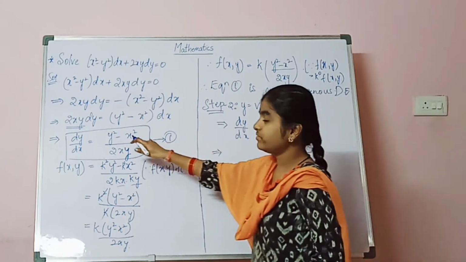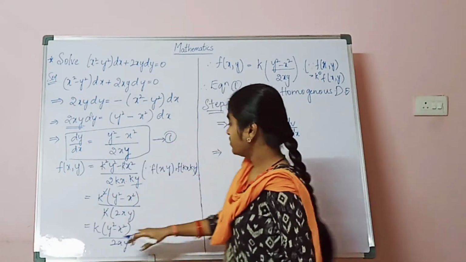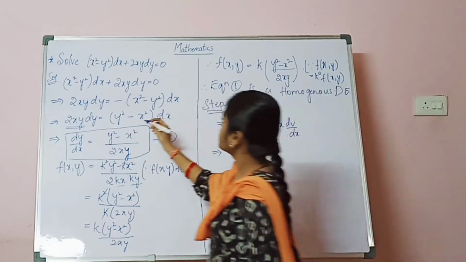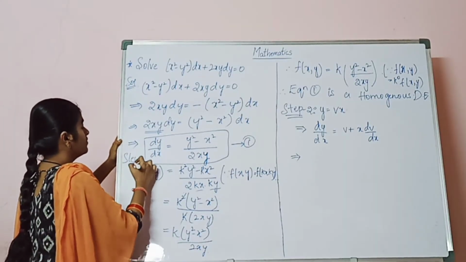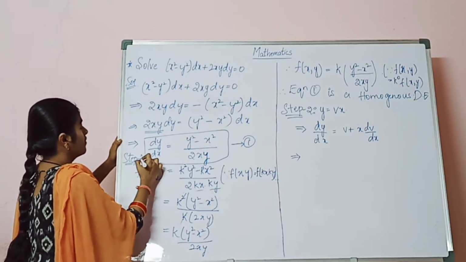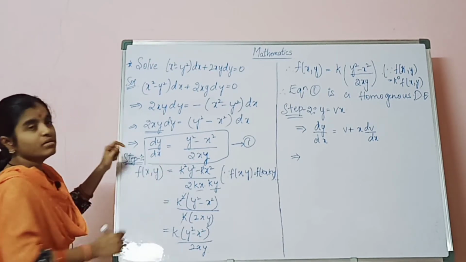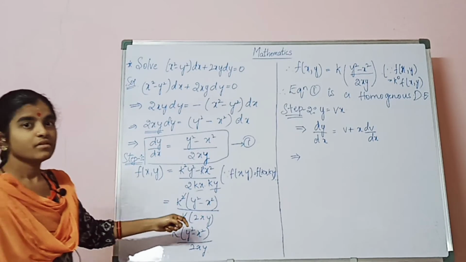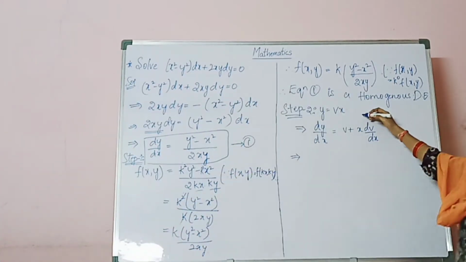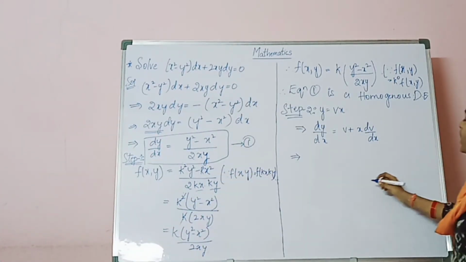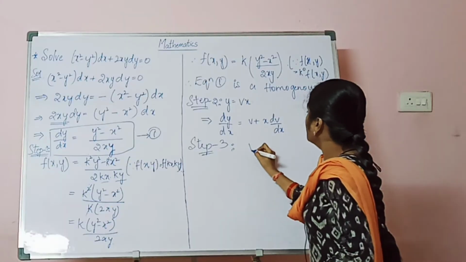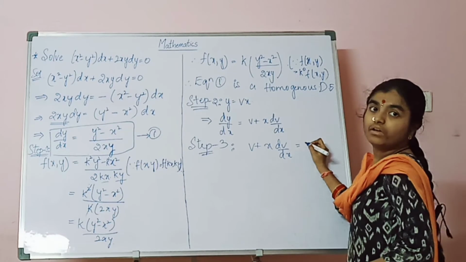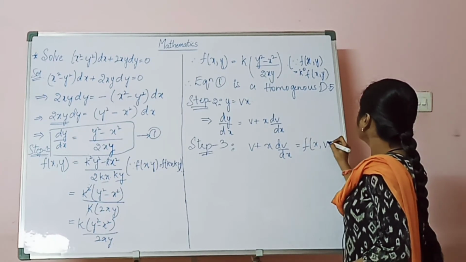What we have done up to here is step 1. In step 1, we have checked whether it is a homogeneous differential equation or not. In step 2, we are substituting y equals vx. Now, in step 3, v plus x dv by dx equals f of x comma vx.